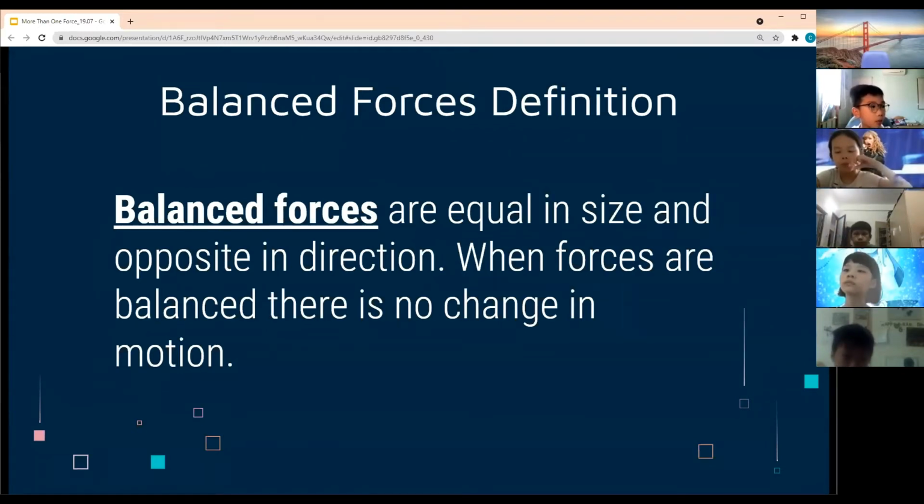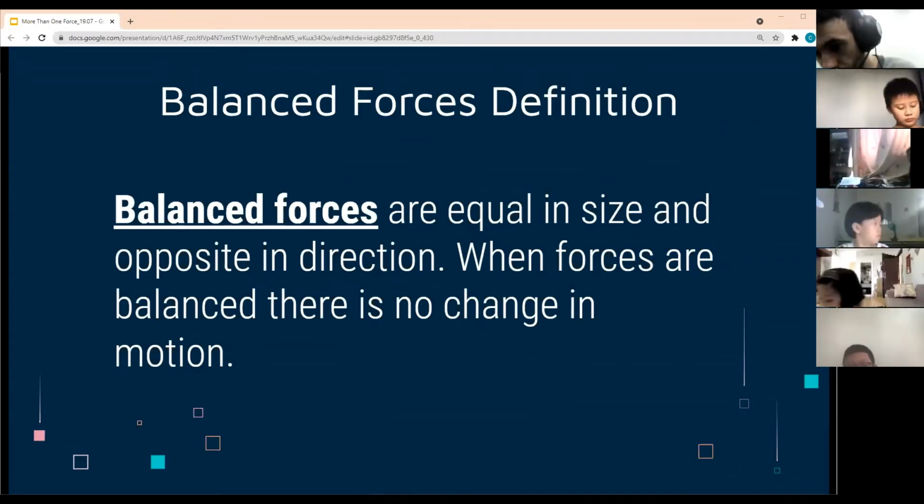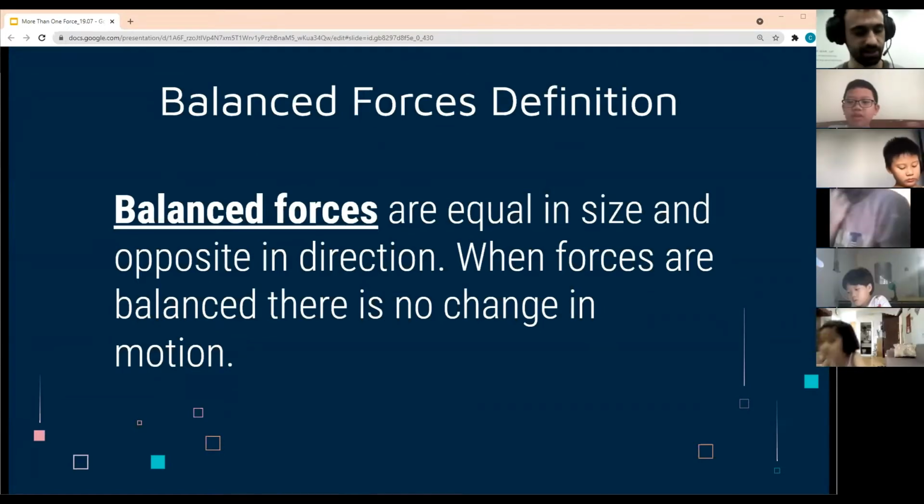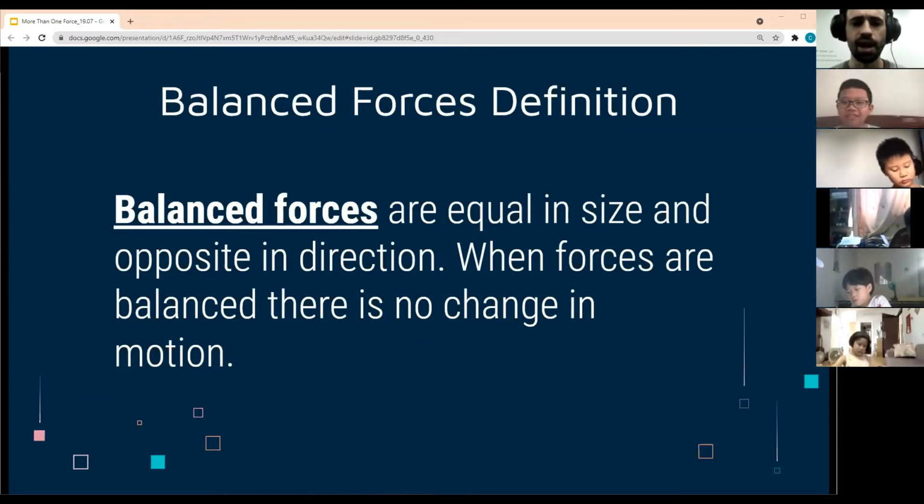Very good. And can someone give me an example of an object that has balanced forces in their room? Ray. Ray, can you give me an example in your room that is balanced right now? The iPad is balanced. How do you know it's balanced? Because it's not moving. Very good. Now, we'll get into it later, but balanced forces can also be moving, but they can't be changing.